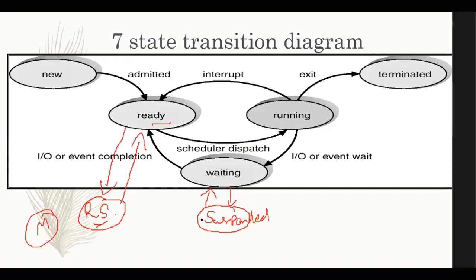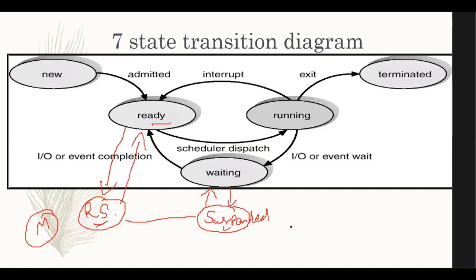Can we have a certain relation between these two states, ready suspended and suspended? The answer is yes, we can have a relationship between blocked suspended or waiting suspended state.